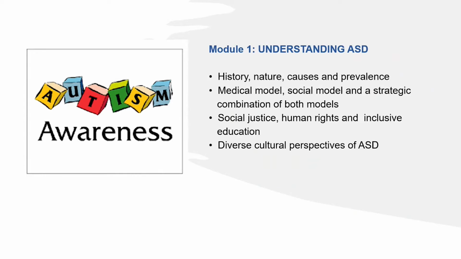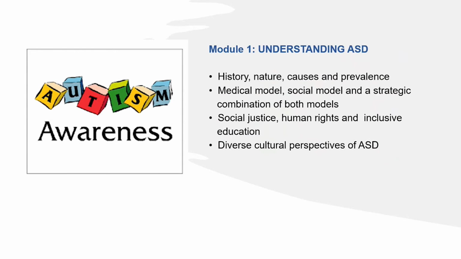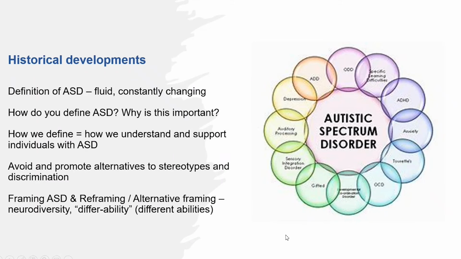on the spectrum. So to look at the historical developments in a little bit more detail, it's important for you as a student on the program to be able to formulate your own definition of autism spectrum disorder. And we look at how this definition is actually quite a fluid phenomenon.